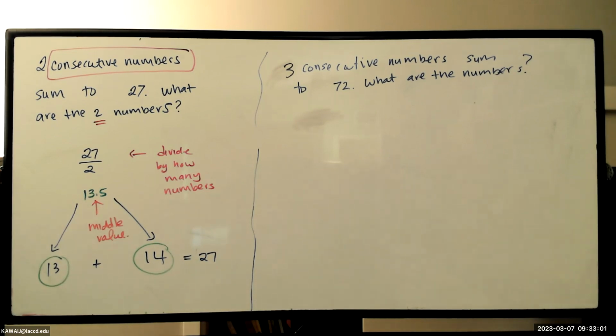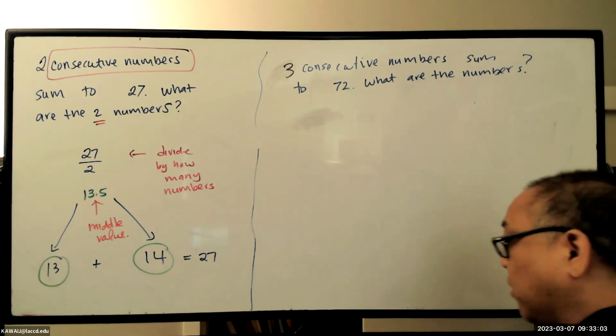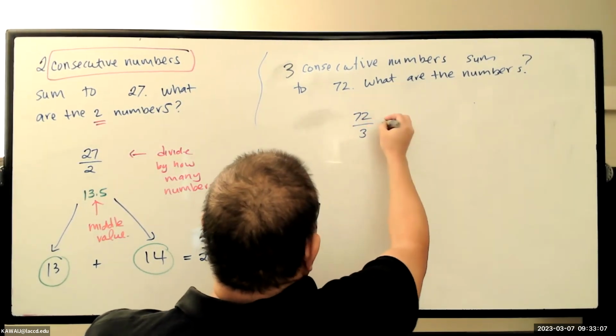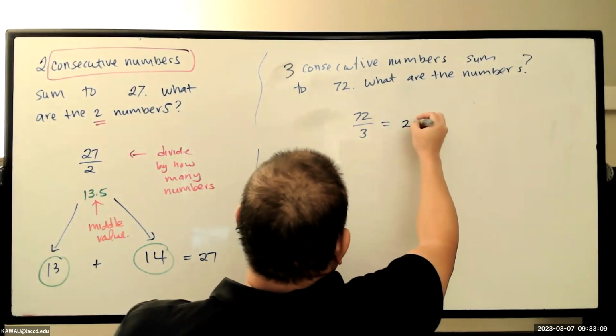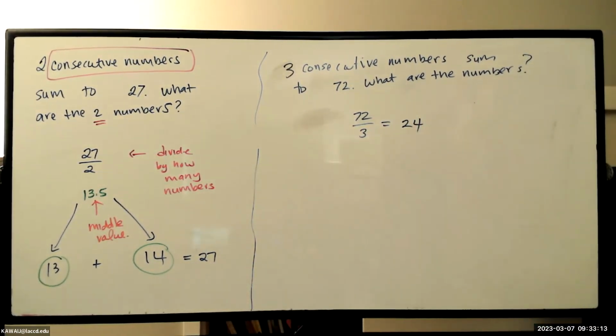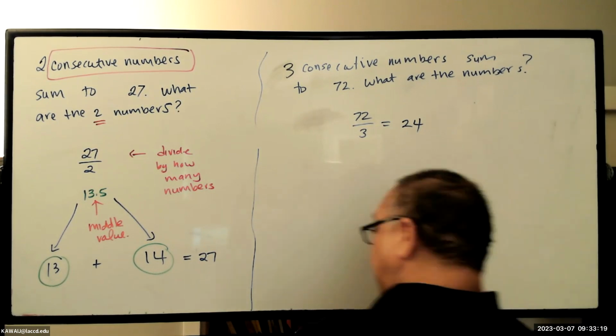Look at this. All right. So we'll go 72 divided by 3 is 24. Is that right? So this is the middle value.